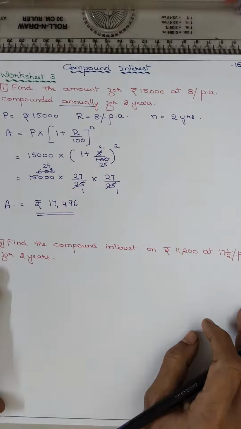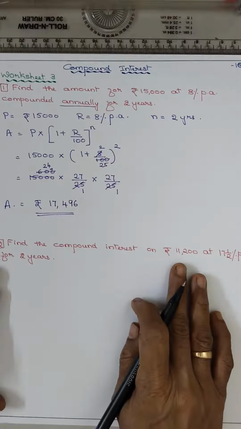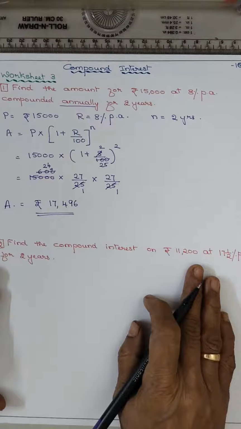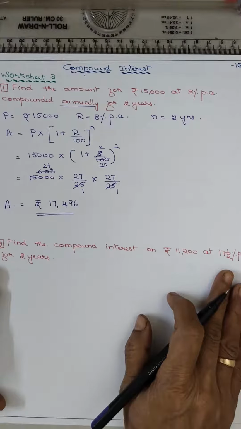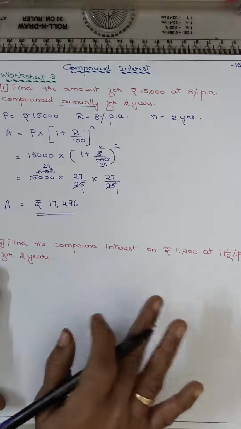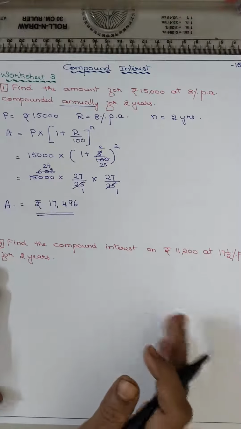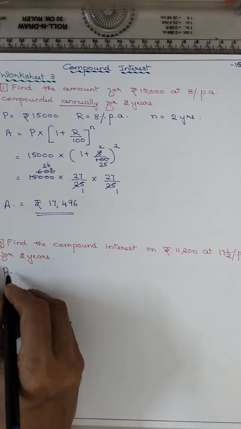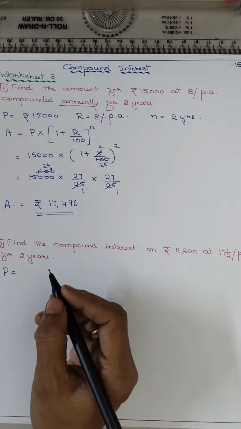Now find the second question. Find the compound interest on 11,200 at 17.5% per annum for 2 years. They have not told anything. It is annually. If it is not mentioned, then it is annually. Okay.